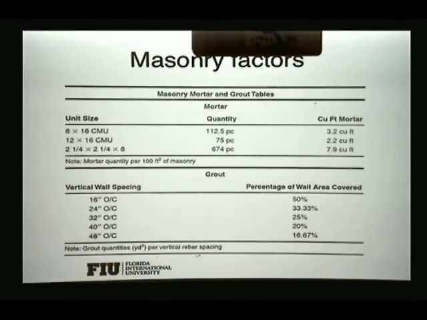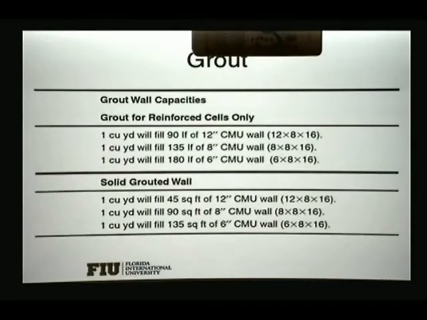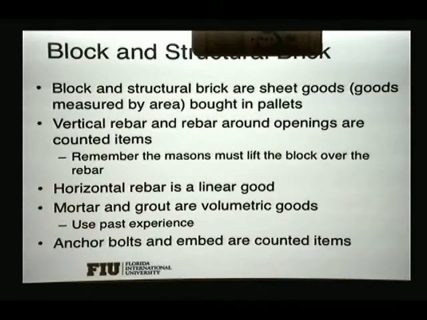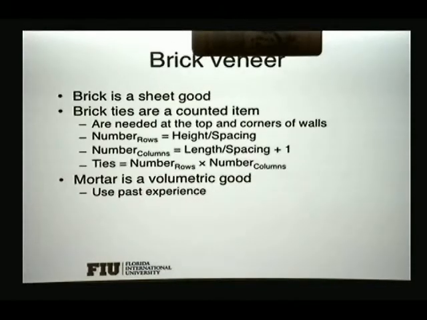Mortar and grout tables tell you how much mortar you need for each of these items. Rebar, you basically measure the length of the rebar, and then at the end calculate the weight, because it's sold by weight.